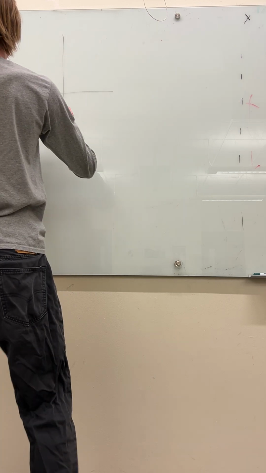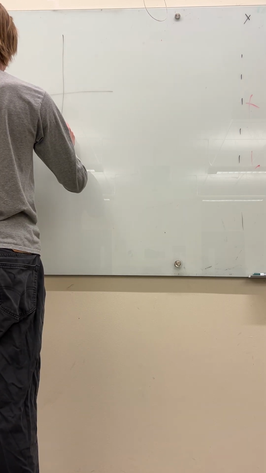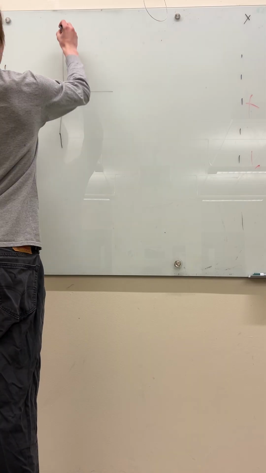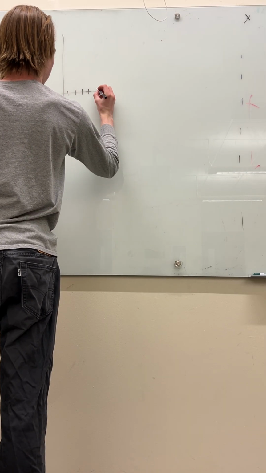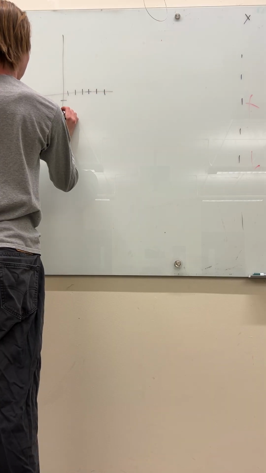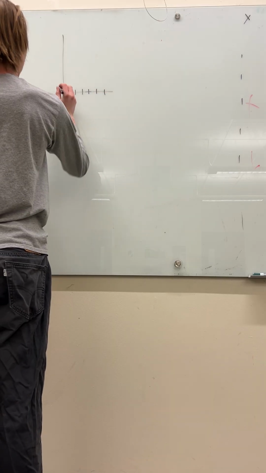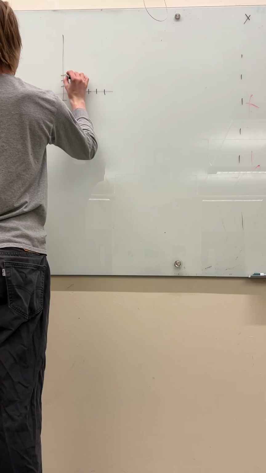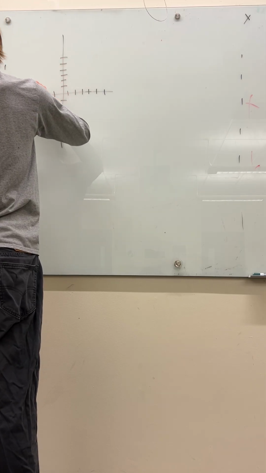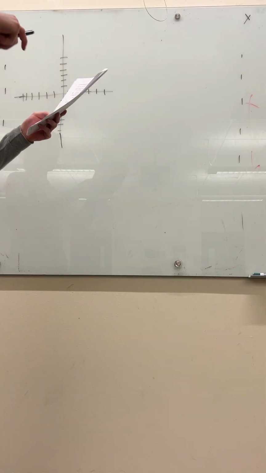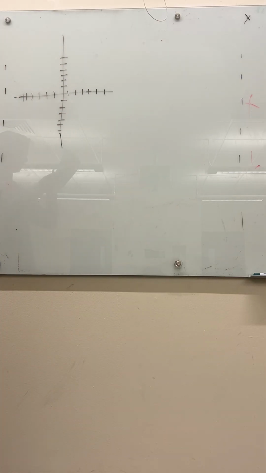That's fine. Let's go up to 6. Okay. Label each point on the graph with the coordinate system.